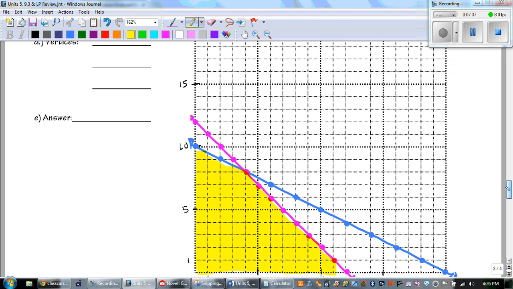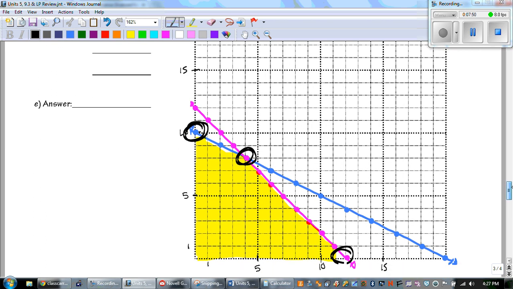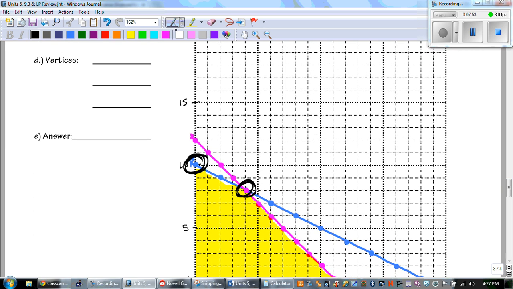Now I need to come up with my 3 vertices. Remember, the vertices are the corners of what you shaded. And you just have to be careful with your points there. All right, our first one is (0, 10). Okay, this was vertex number 1.